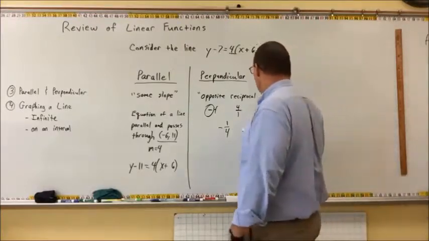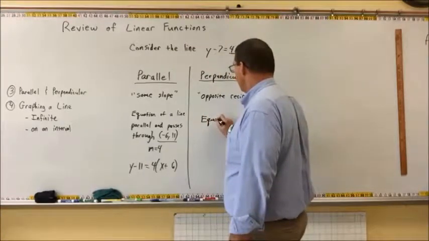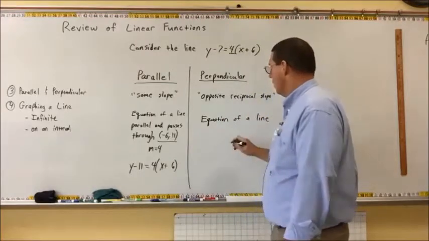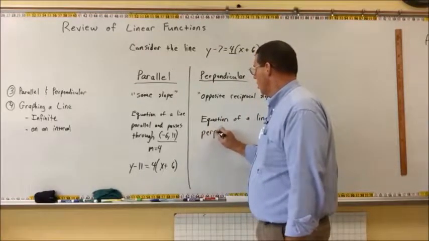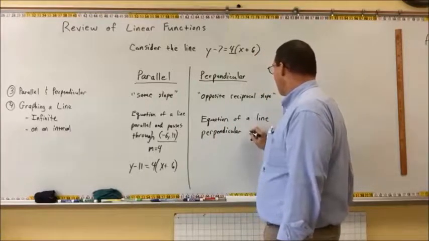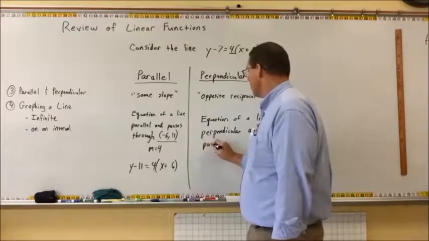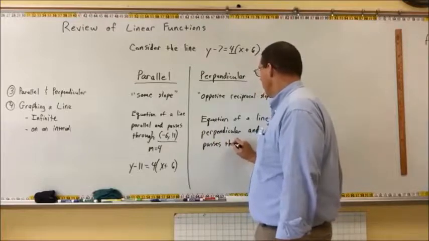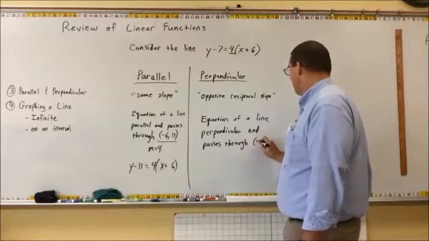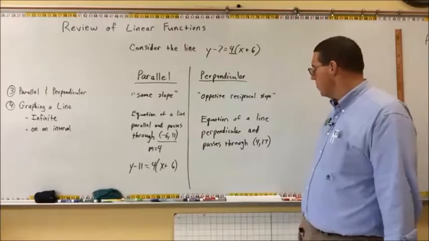Okay? So if you were asked to identify the equation of a line that is perpendicular to that line, and passes through, let's say, the point (4, 17).